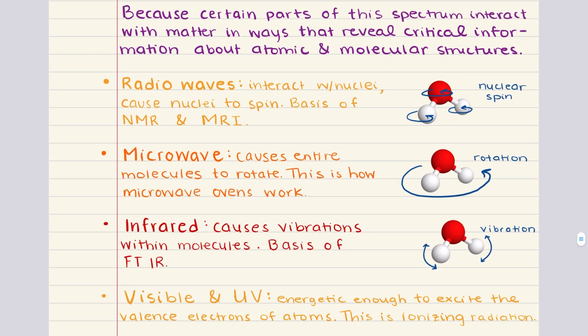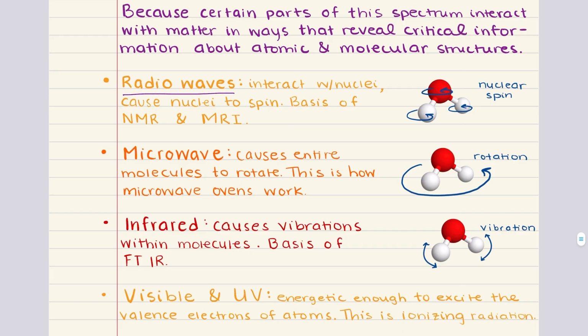For example, radio waves interact with atomic nuclei, and it causes them to spin. This is the basis of techniques like nuclear magnetic resonance, NMR, which chemists use to determine molecular structures, and it's the basis for magnetic resonance imaging, MRI, which creates detailed images of soft tissues to help doctors diagnose conditions.